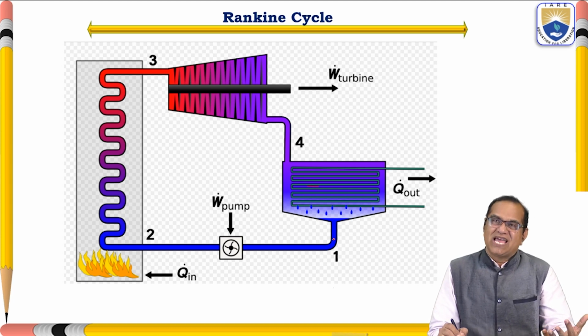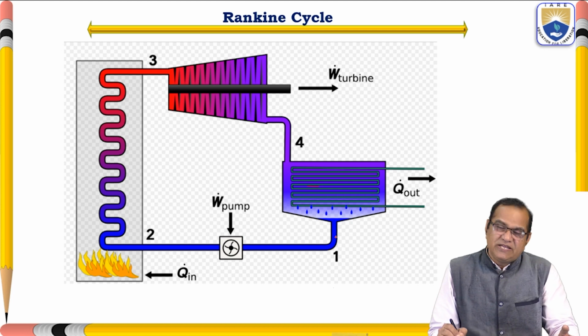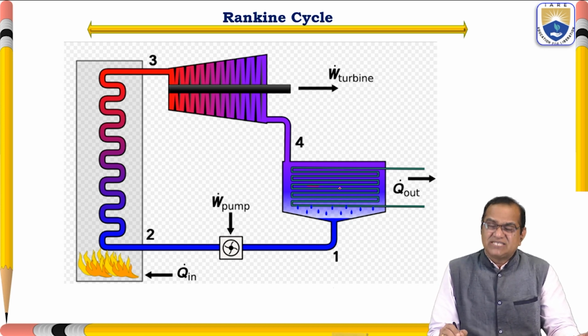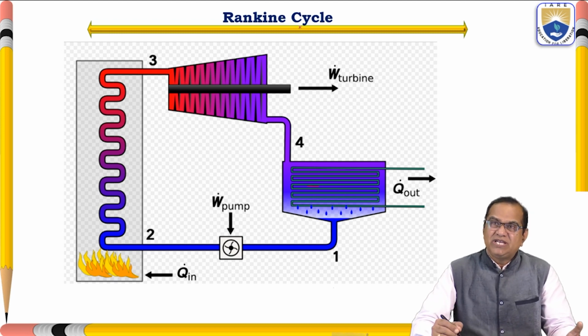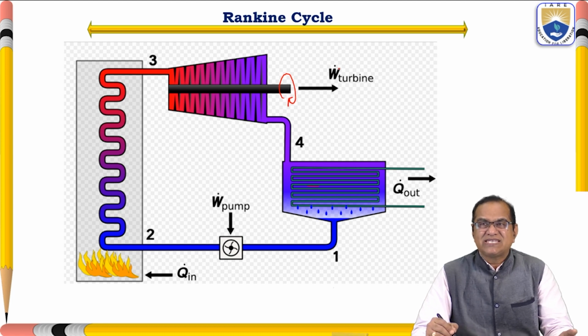This type of cycle is called the Rankine cycle, and it is used for any power plant. We use such devices to generate power. Here the vapors are expanded in the turbine, and the turbine starts rotating in this way, and work is generated.